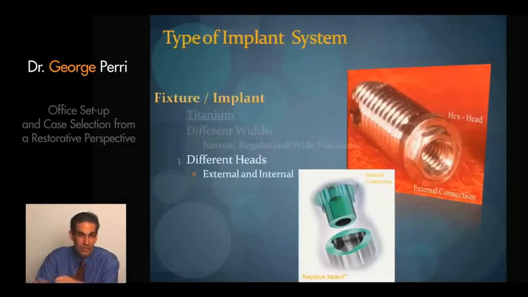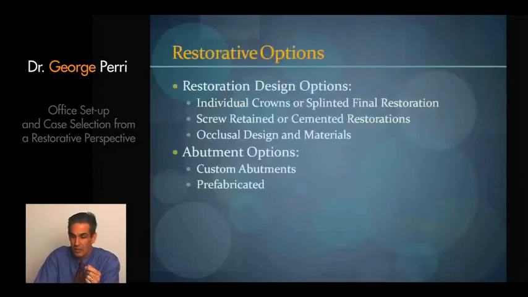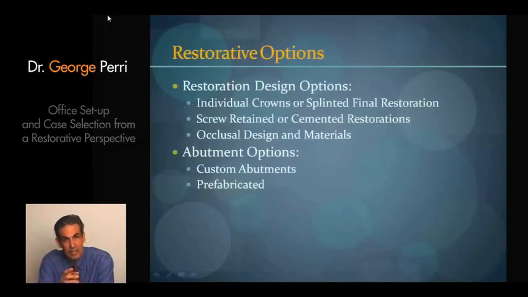The heads of the implant, as I mentioned, really is sometimes a personal choice, but there are certainly advantages to some of these new implants and the implants that we've been using for many years, and we look at each one independently. As a restorative dentist, I need to understand certain restoration design options. Over the next 5 sessions after this one, we're going to consider the design options for anterior teeth, for posterior teeth, for edentulous situations.